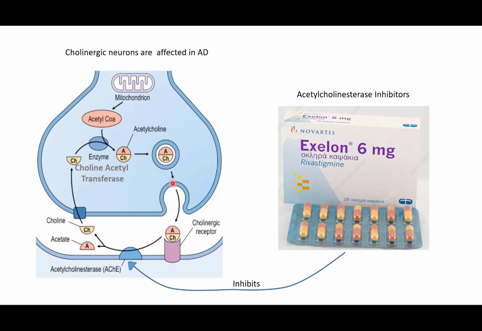In Alzheimer's, choline acetyltransferase doesn't work very well. CAT is not working well. It's one of the biomarkers that people use to know what stage of Alzheimer's you have, or how bad it is, how much CAT you have working. So look at this.